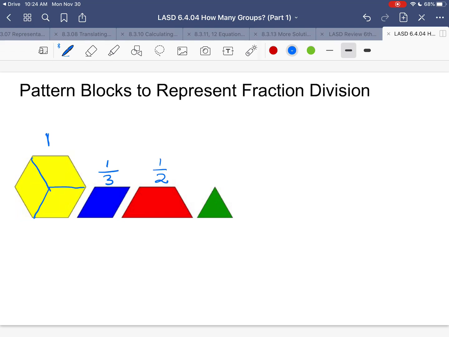So you can see that that's 1/3, and 6 of these would fit in. So this is 1/6. 6 of the triangles would fit in there.